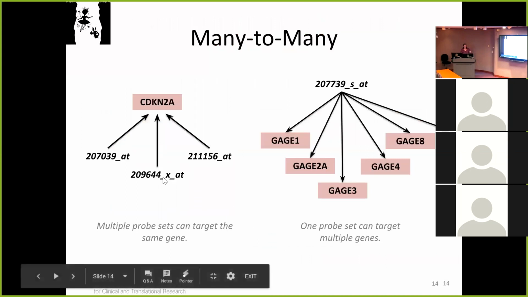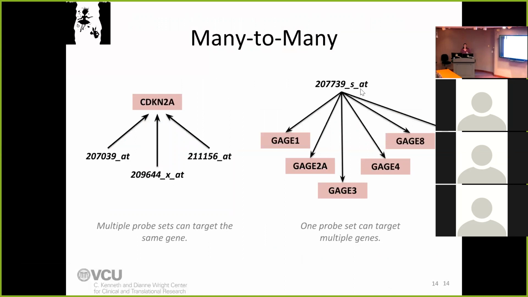You can tell a lot of this by the _X or _S on the Affymetrix probe ID, which indicates that it might not be unique. That's important when you're interpreting your results. If all of your probe sets for a gene are known to cross-hybridize with other genes of the same family, you might need to do further experimentation to make sure it's the gene that you're actually interested in, and not one of these others, or that it's not a mixture of genes hybridizing to that one probe set.